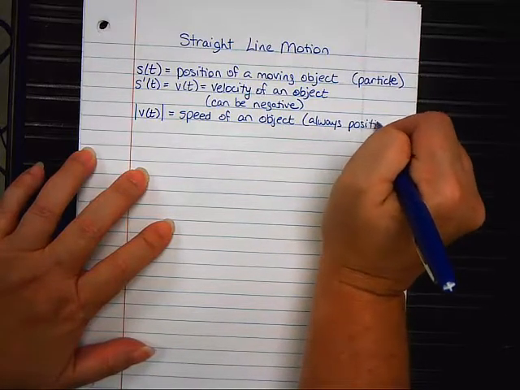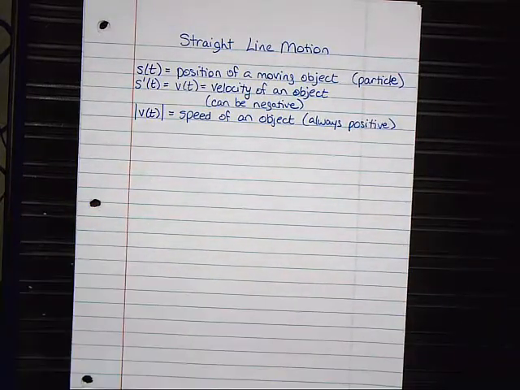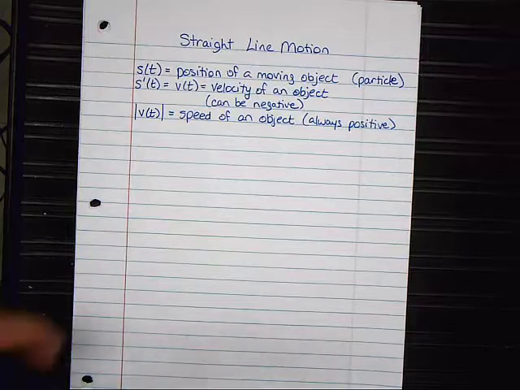Okay? Let's say your car is sitting on a straight road. Nobody in either direction. You put your car in drive. You go forwards 20 miles an hour. Okay? You stop. You put it in reverse. You go backwards at 20 miles an hour. Your speed is 20 miles an hour. I don't care whether you're going forwards or backwards. Your speed is 20. Okay? 20 miles an hour. I don't care what direction you're going in.